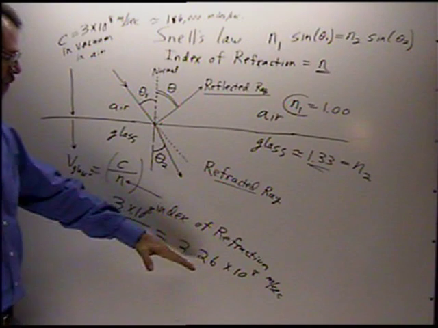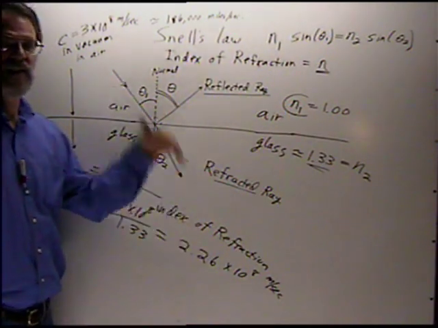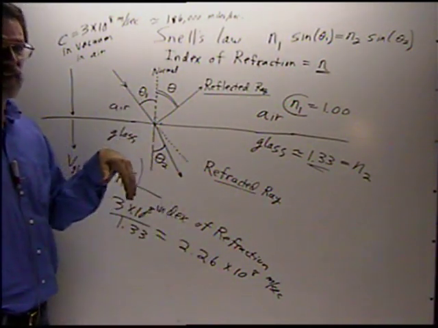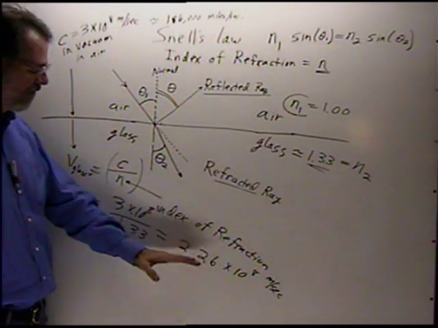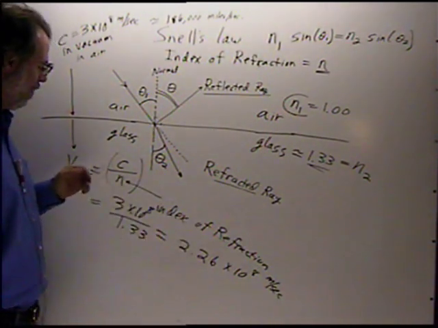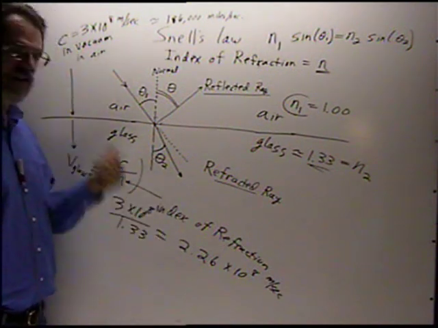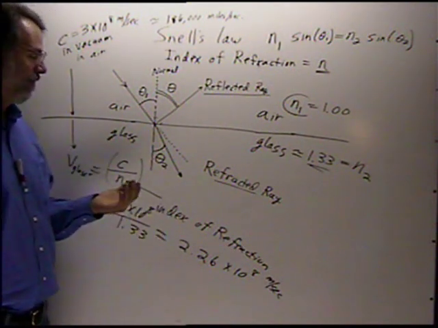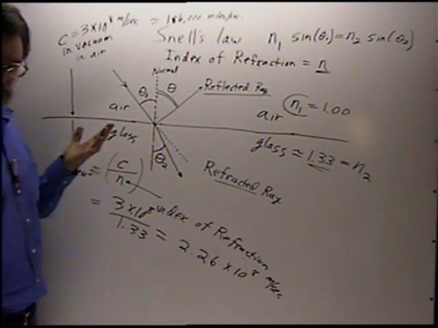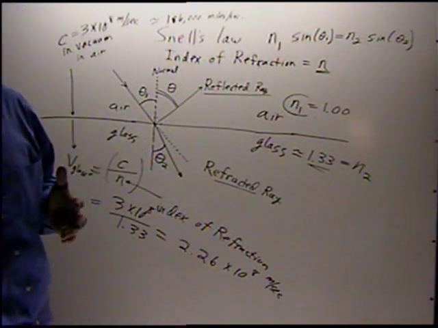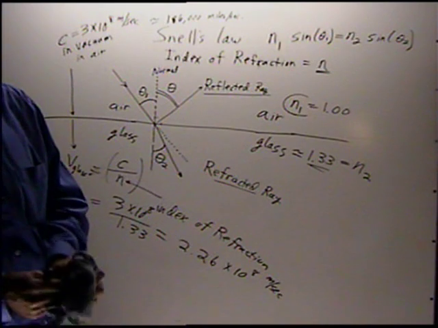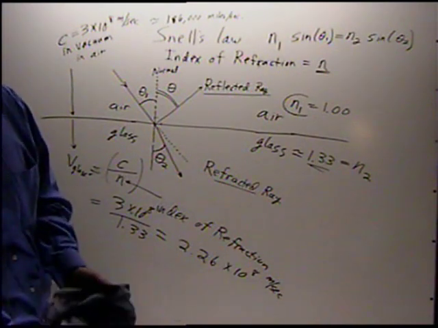This is what's responsible for the bending of light in all kinds of media. Okay, so the good Lord set it up such that the speed of light naturally will slow down in denser material.